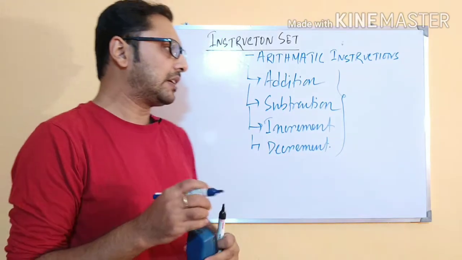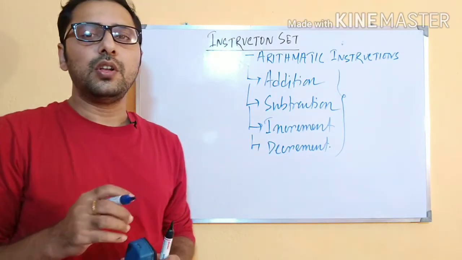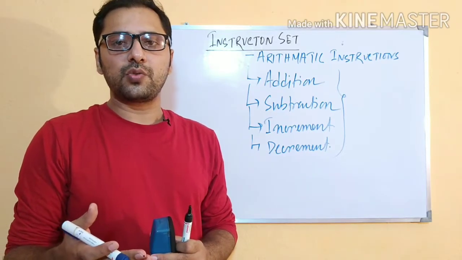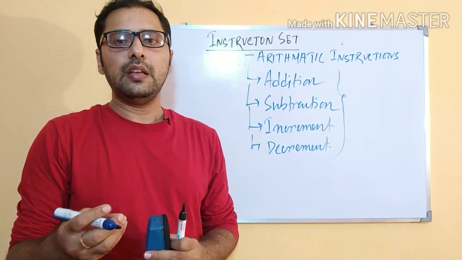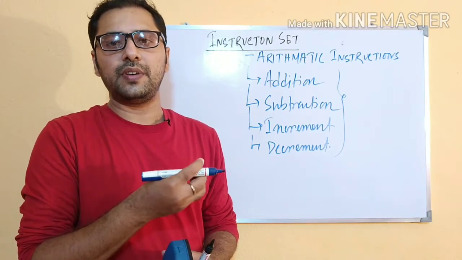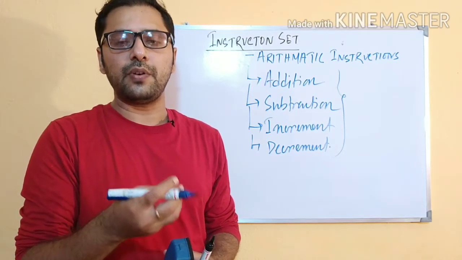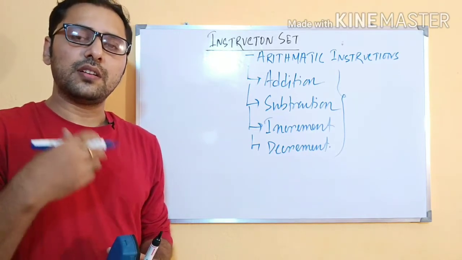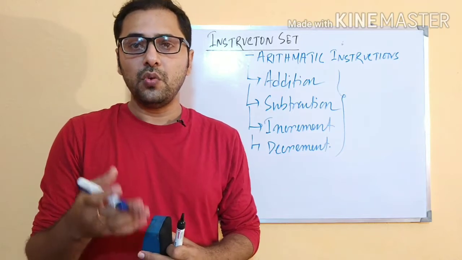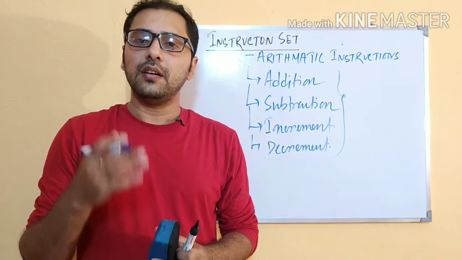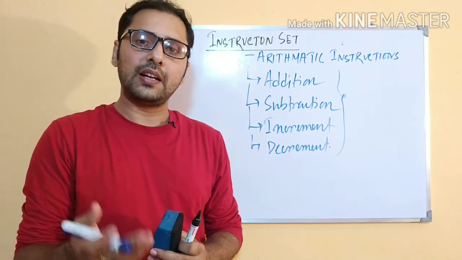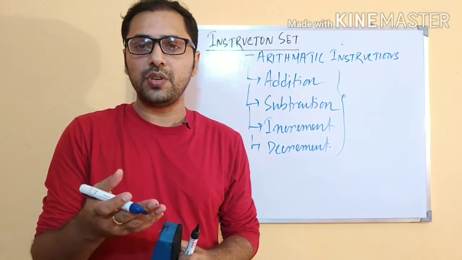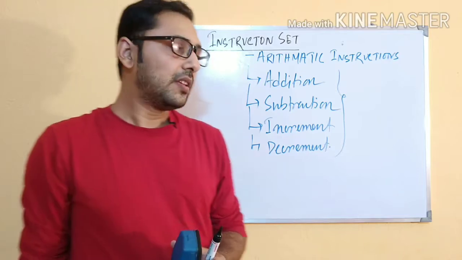We have to remember that by using 8085 microprocessor, we directly cannot perform division and multiplication because we don't have any instruction available in the instruction set of 8085 by which we can directly perform division and multiplication. But yes, with a certain logic, certain approach, we definitely can perform division and multiplication, but directly we don't have any instruction available in 8085 by which we can perform multiplication and division.